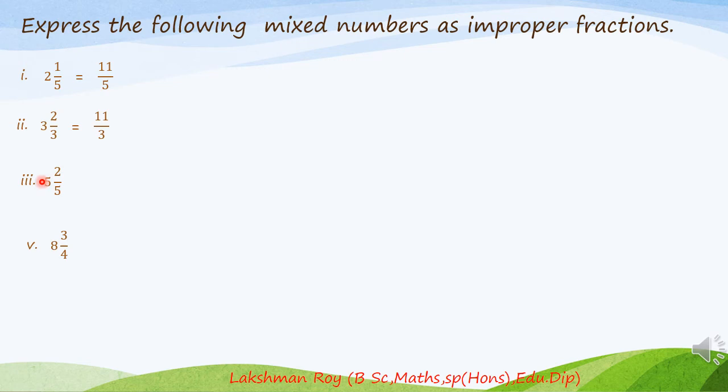Here 5 should multiply by 5, that is 25. Then add 2, you get 27/5. Next one, number 4: 4 multiplied by 8 is 32. Then add 3, 32 plus 3 is 35. The denominator is 5. Understand?